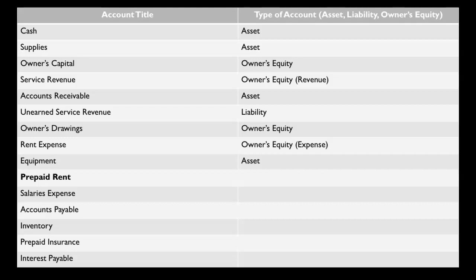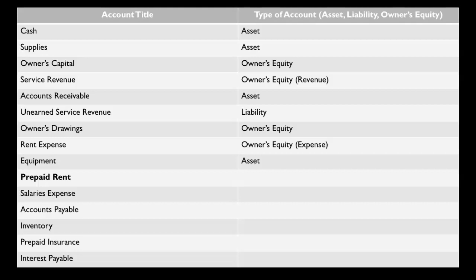Prepaid rent is when a business pays for rent in more than 1 month's time, right? So if you paid for a year's worth of rent, we're going to call that prepaid rent. And anytime that you have any of these prepaid expenses, we could have prepaid rent.